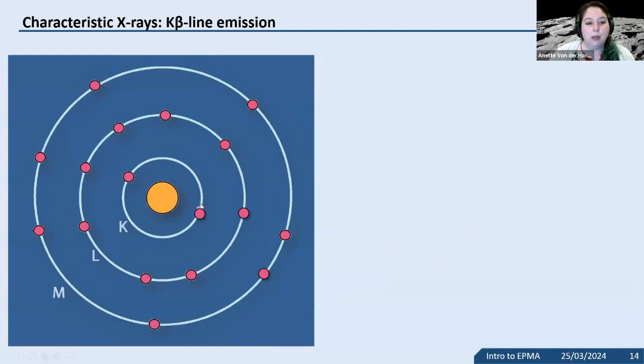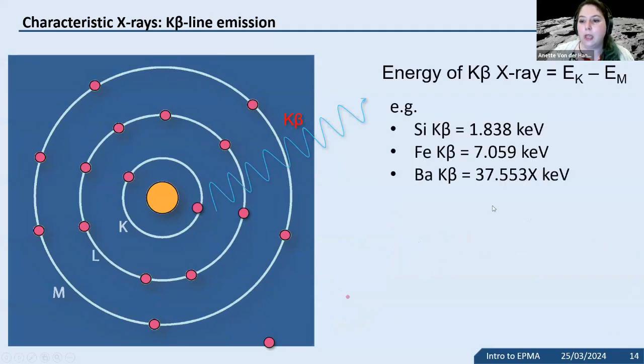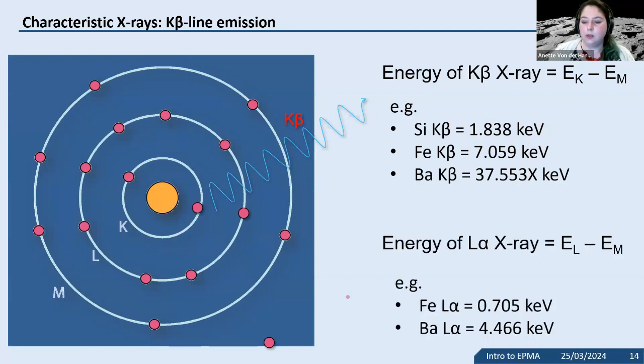Again, our beam electron hits our K shell, but now an M shell electron takes its place, and that gives us a so-called K beta X-ray. And again, this one has a specific energy that is characteristic for this process. So as you can already see, this is the way the naming convention works.